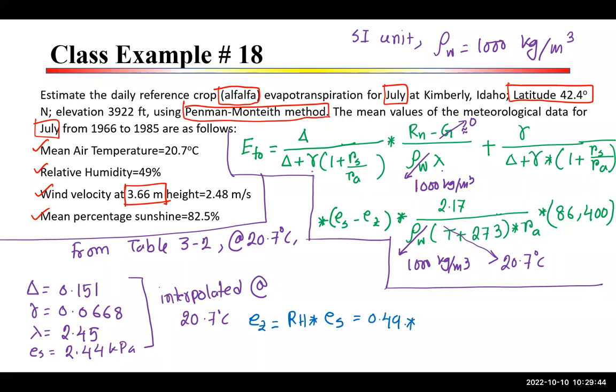So 49% of 2.44, which is 1.24 kilopascal. So now if you look at the equation, we have almost everything except 3 different R values, right? Is it correct, everyone? Okay.